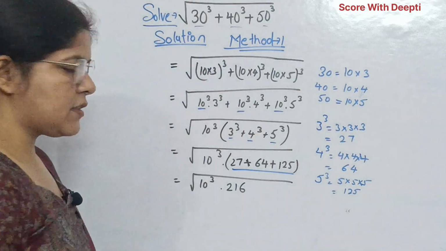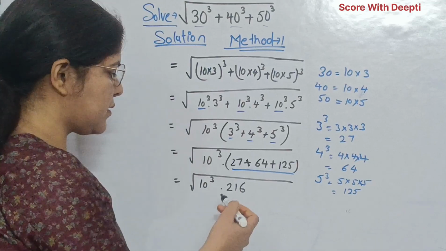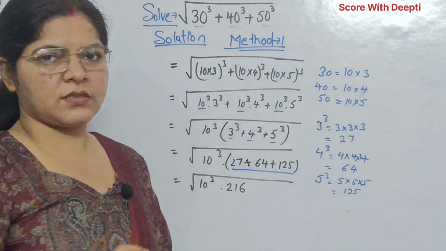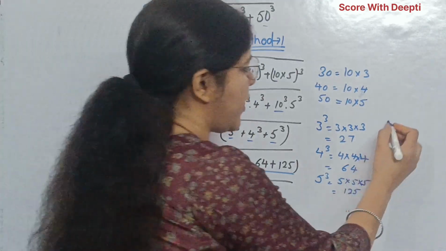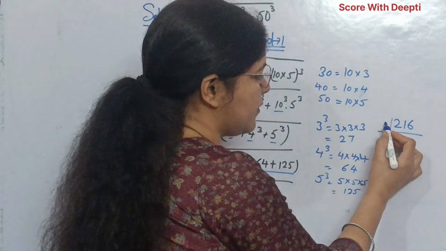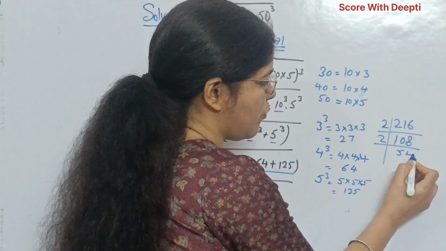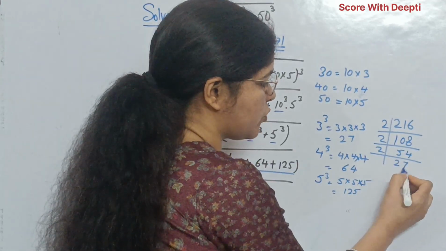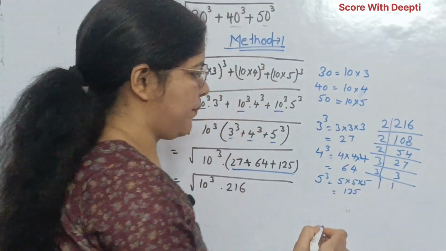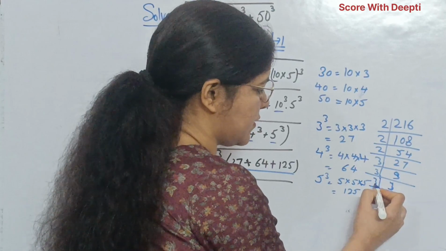Now our next step is to write 216 in terms of a cube, which means finding the prime factors of 216. We divide it by 2 repeatedly: 216 by 2 is 108, then 54, then 27. Then we divide by 3: 27 by 3 is 9, then 3, then 1.